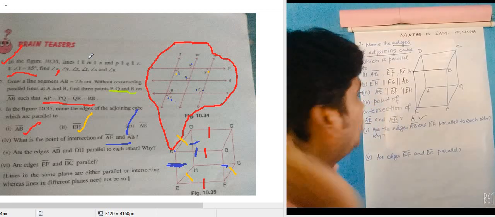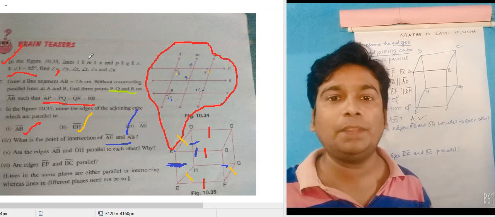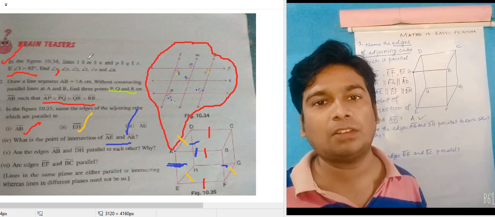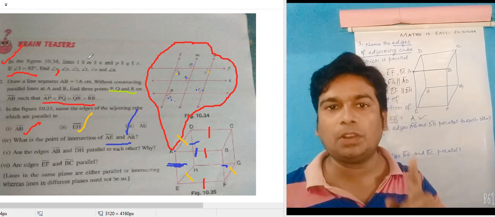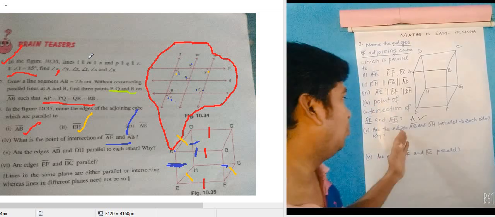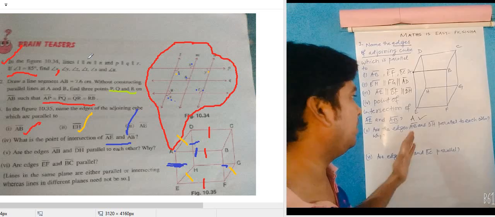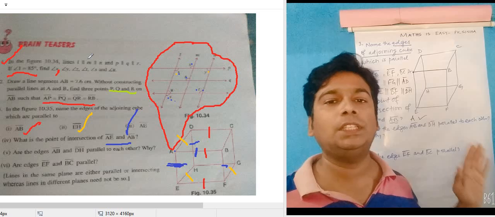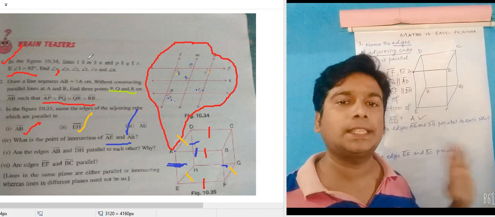Two lines cannot be parallel or perpendicular to each other if they are not in the same plane; they should always be in the same plane. So for both answers 5 and 6 we will say no, they are not parallel to each other because both the lines are not lying in the same plane.